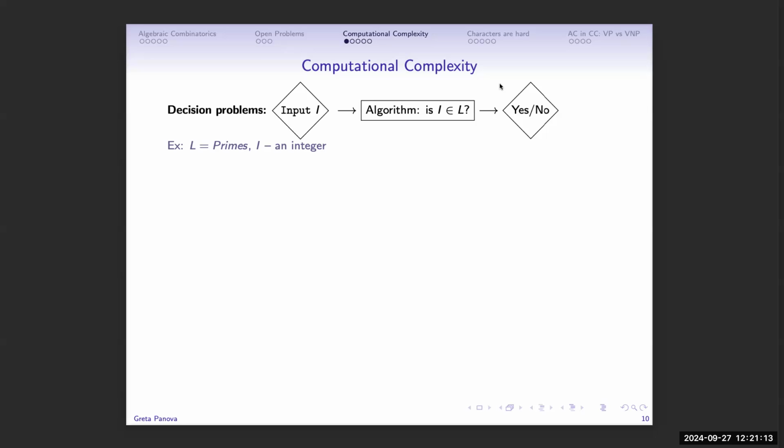In general, decision problems are when you have some input and you want to know something about this input, in the form of a yes or no answer. So you get an integer, you give it to the computer, you want to know if it's prime. That's a yes or no answer. That's a decision problem. So you put it in the computer and you have some algorithm, some program that is going to take this integer, do various computations on it, and in the end figure it out and spit out an answer.